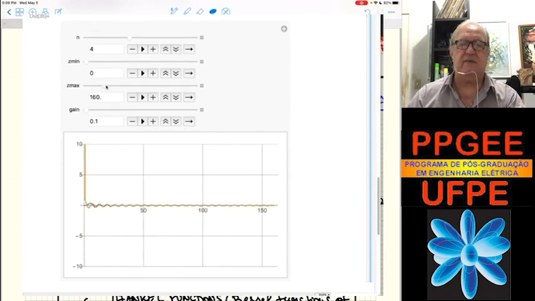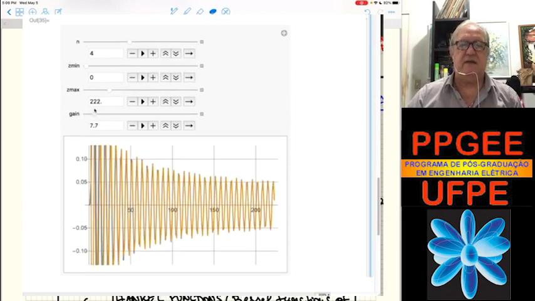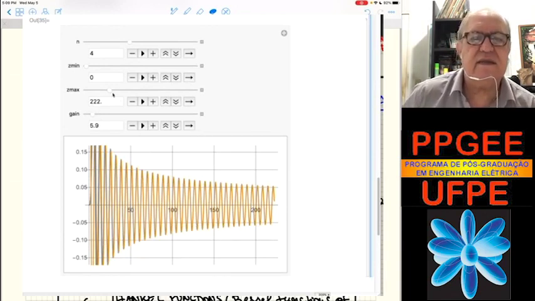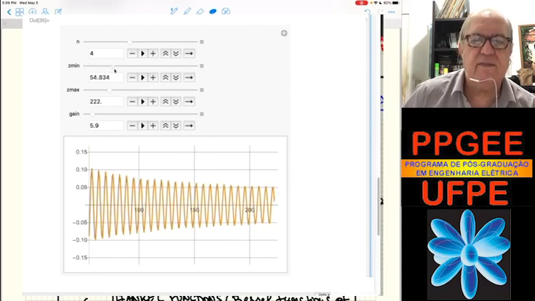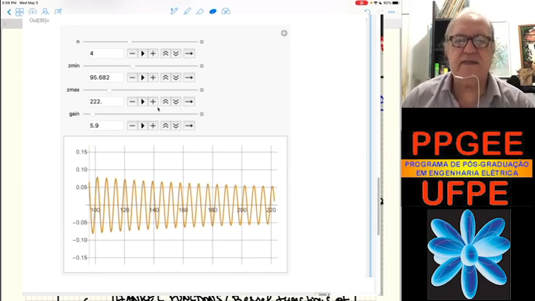Let's look in more detail in the faraway range, with some gain here. Okay, so we have the approximation for the Bessel function, and we are looking at large values. Okay, so we have two functions here. It cannot be seen because they are right on top of each other.